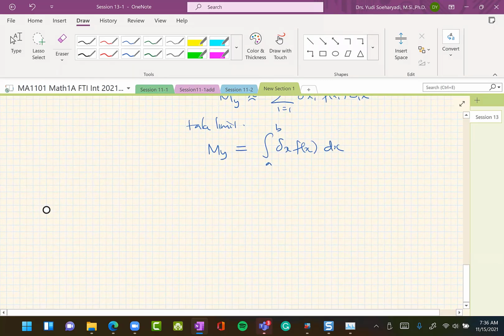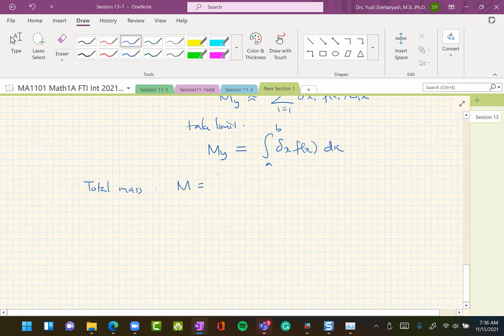While we know the total mass is just delta times the area, because the density is uniform.